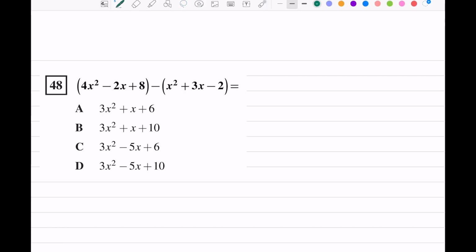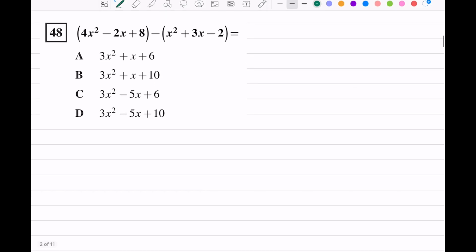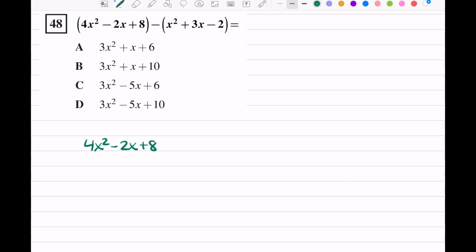The quantity 4x squared minus 2x plus 8 minus the quantity x squared plus 3x minus 2 equals what? So we're subtracting 2 polynomials. So we have 4x squared minus 2x plus 8. And we've seen that subtracting a number is the same as adding a negative.